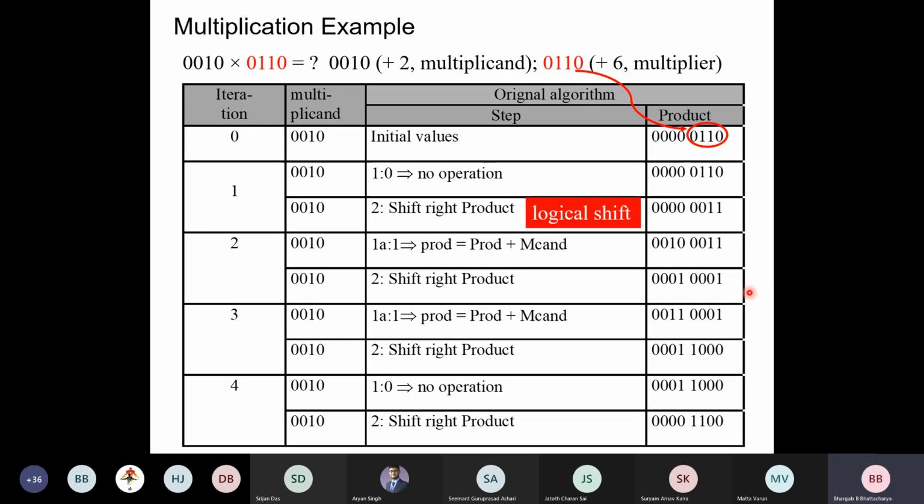So iterate this, and this is implemented with the hardware which was shown earlier. And finally, when this process is over, after 4 cycles of iteration, the result is obtained in the product register, and you can verify this is indeed true. This is plus 12.